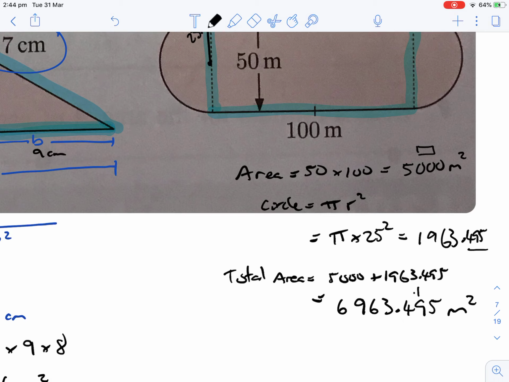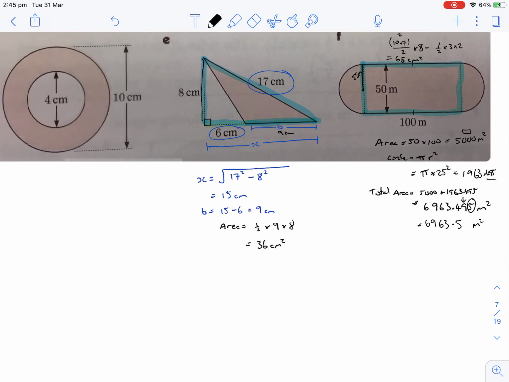If I was going to stop at the second decimal, my third number is what I check to round, and because it's 5 or more I would need to bump it up. Now because that's a 9, I'm actually going to take that to a 50, so 6,963.5 would be my final answer here in metres squared.